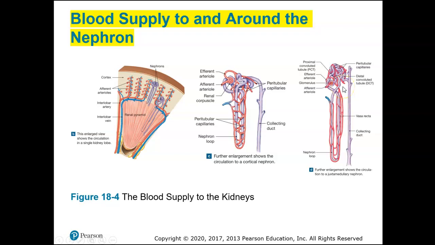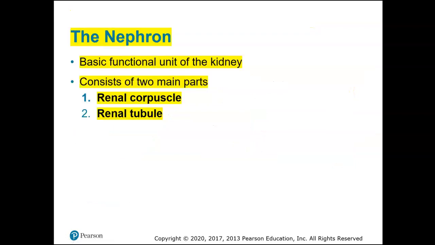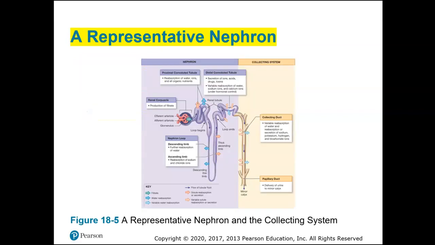All right, so the nephron itself is the basic functional unit of the kidney. It consists of two main parts, which is the renal corpuscle and the renal tubule. And the renal corpuscle is here.